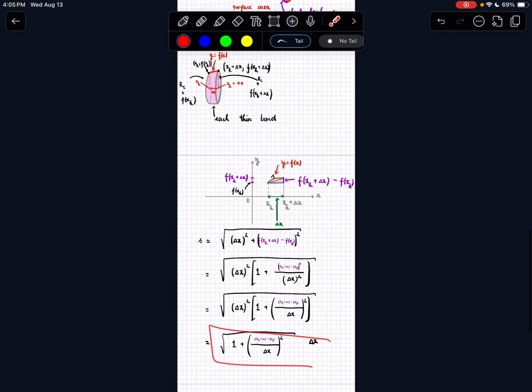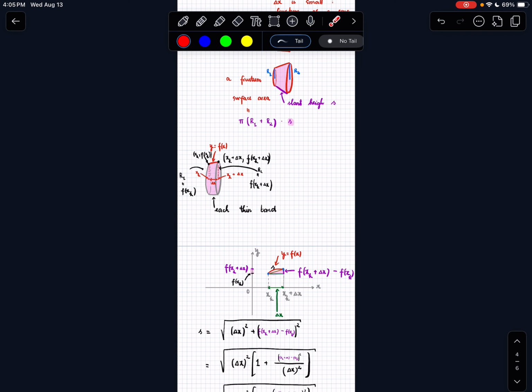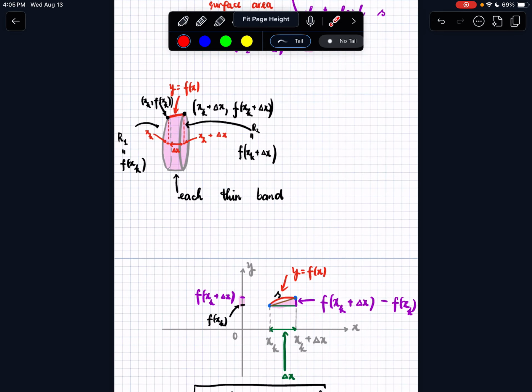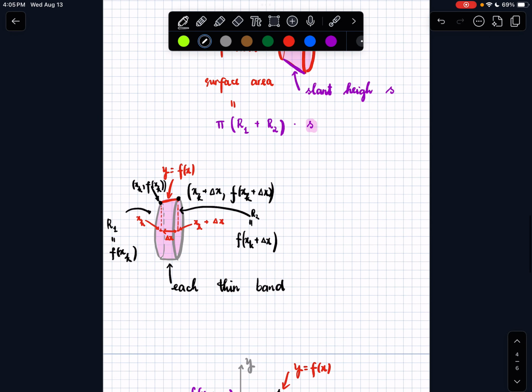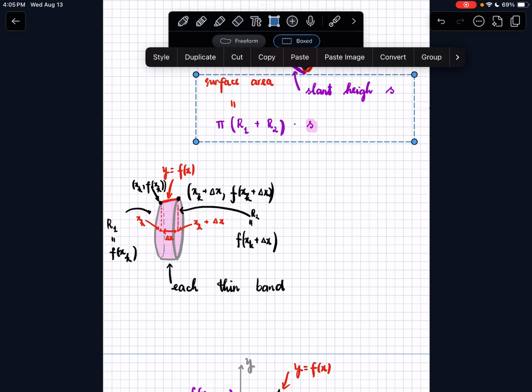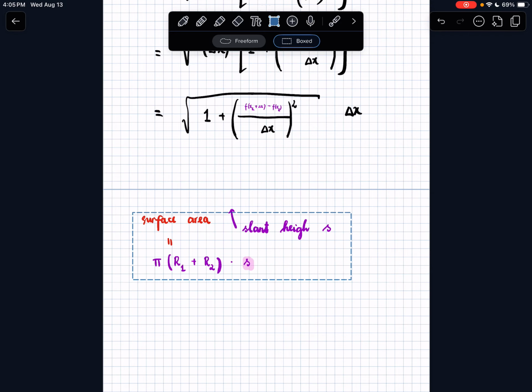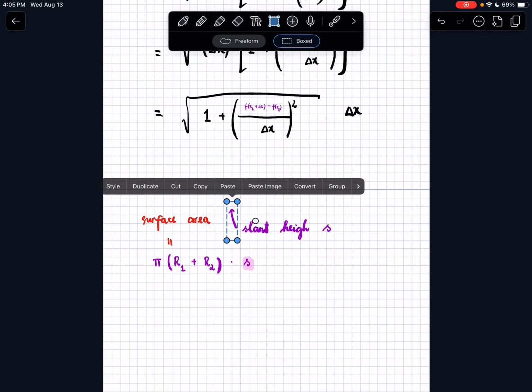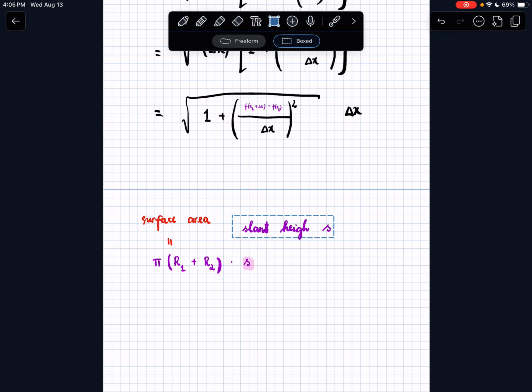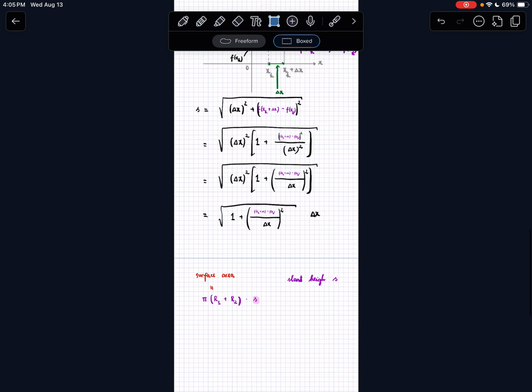Now we have enough information to compute the surface area of one thin band using this formula. The surface area of one thin band is pi times R1 plus R2 times S, where S is the slant height.